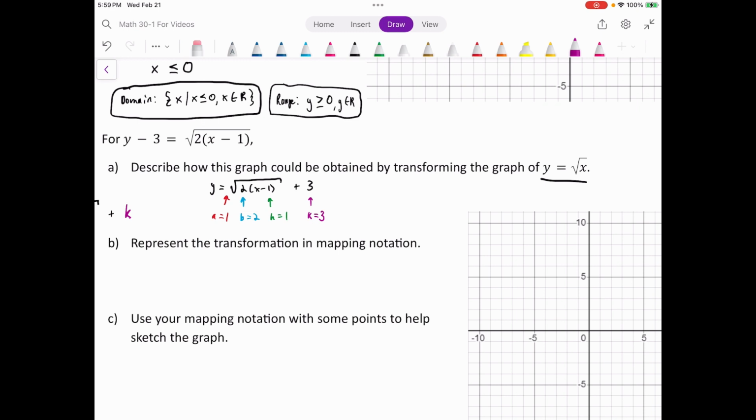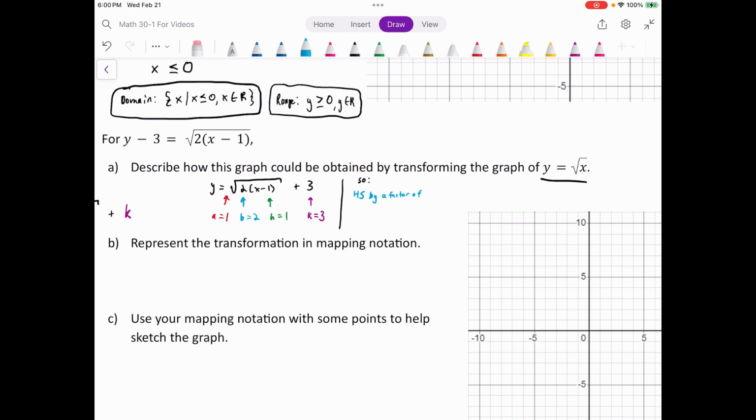Okay, so what are the associated transformations? Let's remember to do our RST. Don't forget reflections and stretches before translations. So we don't need to worry about any vertical stretches or reflections, but we do need to say that there's been a horizontal stretch by a factor of, now careful, is it 2?